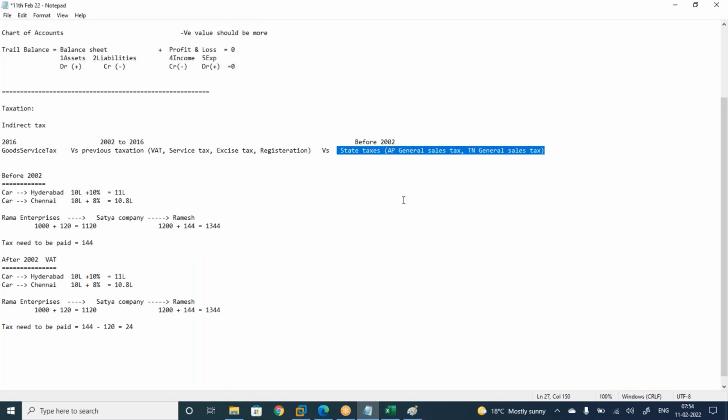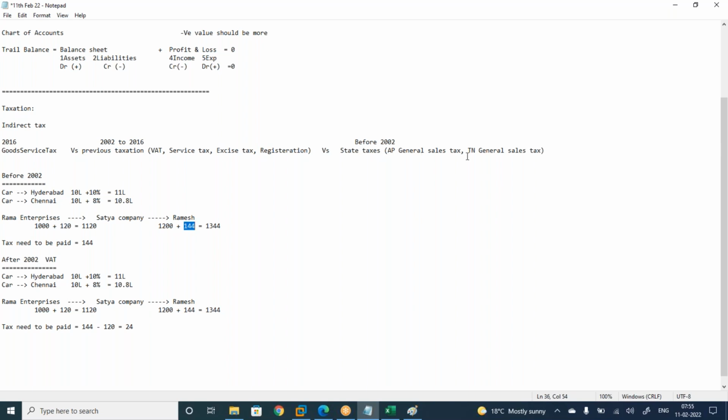Means the oldest taxation in India, whatever was there before 2002, continued in the United States of America. Whatever tax is there at the time of purchase cannot be claimed. Input tax is not possible. You need to pay 144 rupees only in the USA.